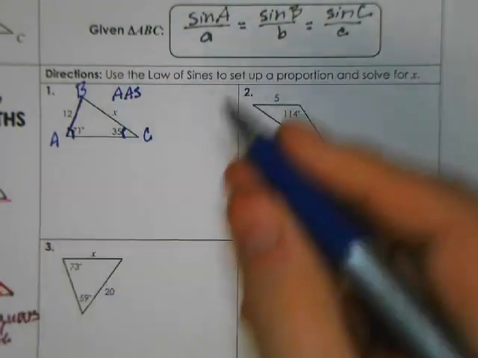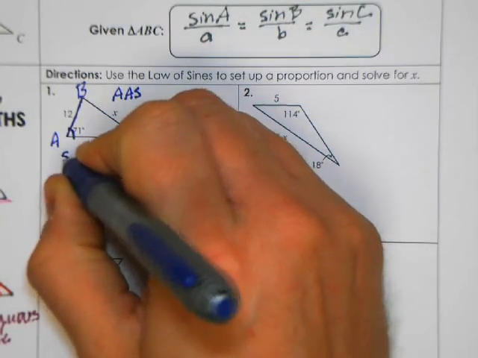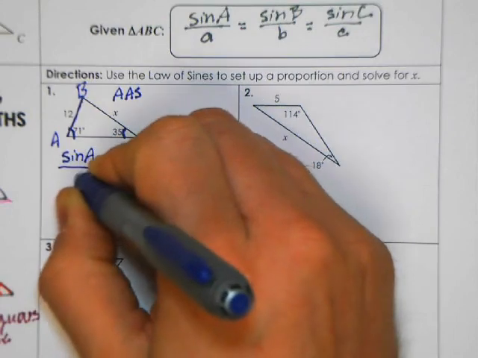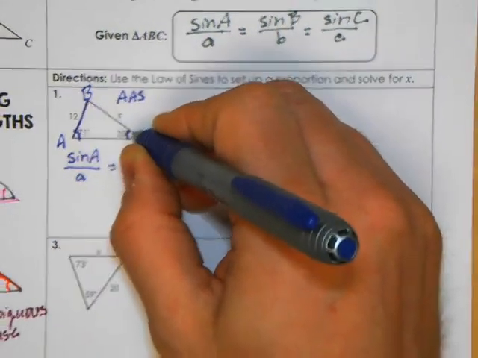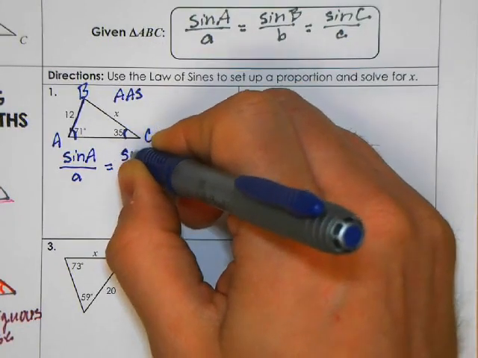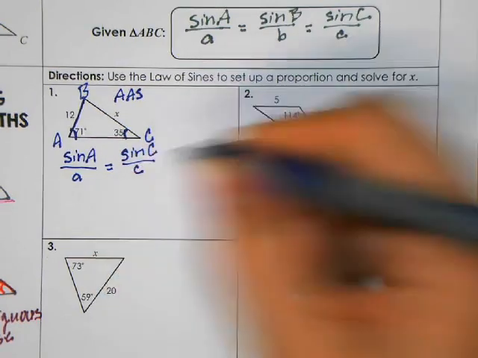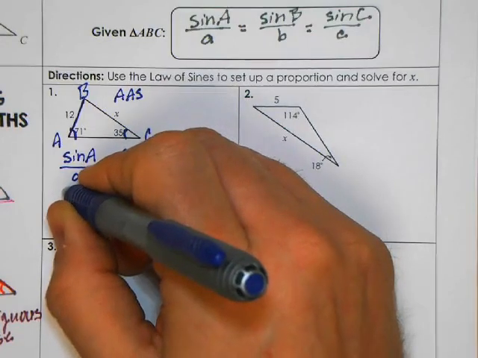But since I've labeled it, I'll go ahead and say the sine of angle A over side A is equal to, and in this case, the way that I have it labeled is angle C, so I'll say the sine of angle C over side C. And substitute what we have here.